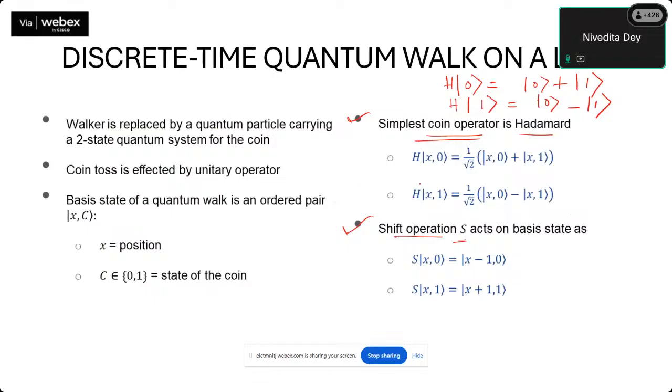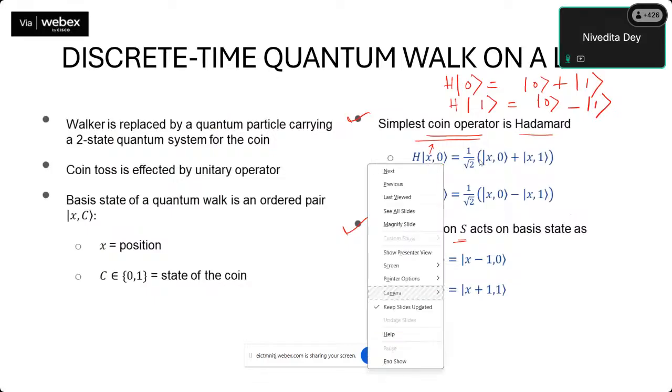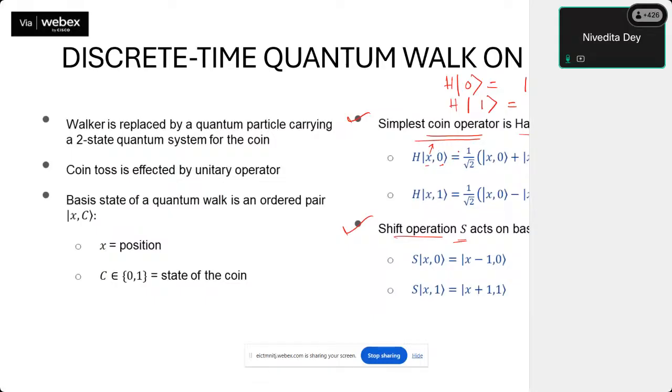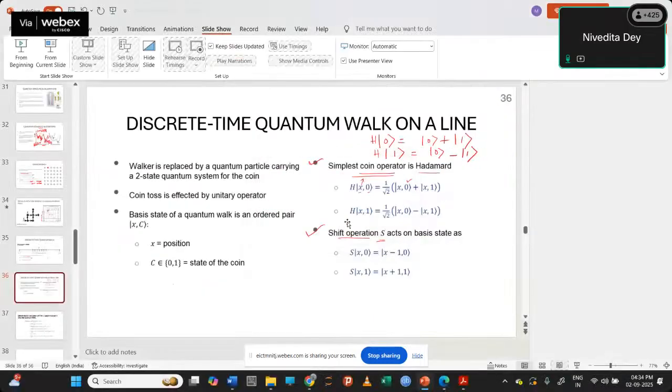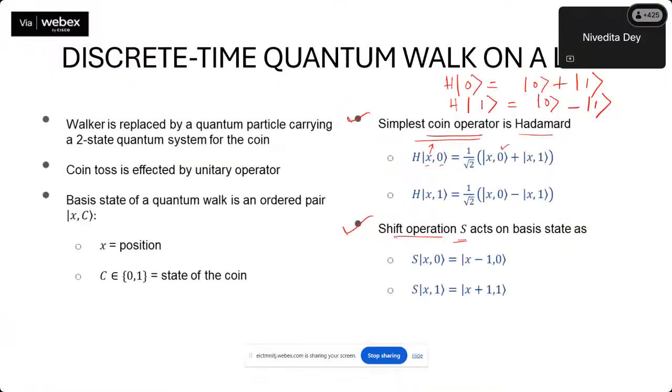So that means this is your current position. Same. There are two operands for this coin operator. The second one will make it either a 0 or a 1. So this 0 has now become ket 0 plus ket 1. Similarly, this 1 has now become ket 0 minus ket 1.